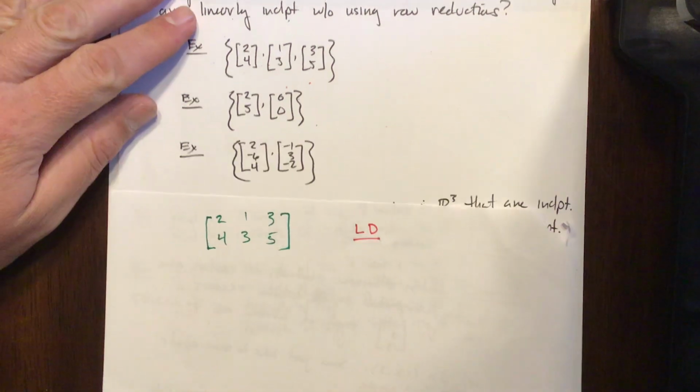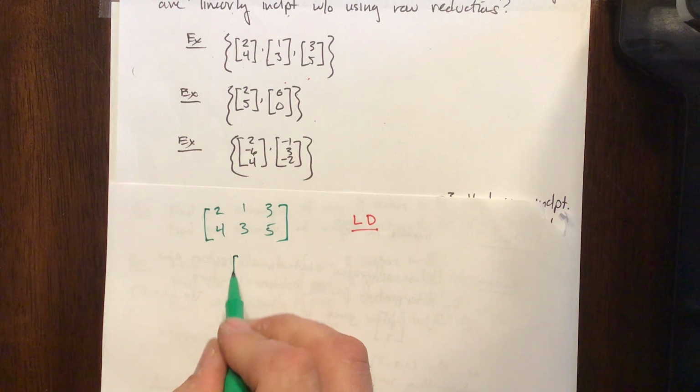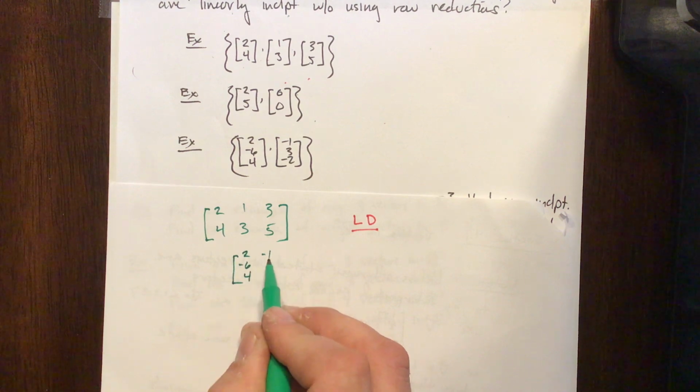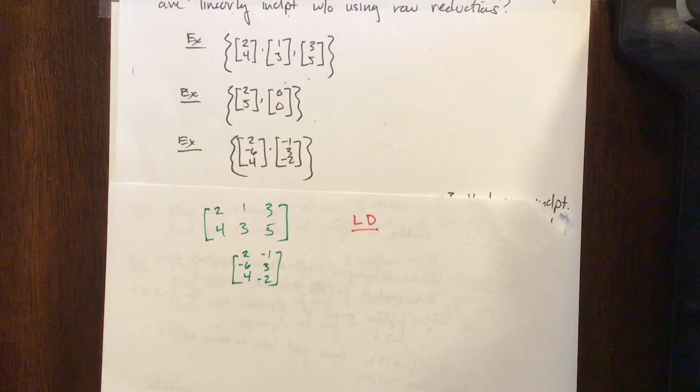What about 3? Well, this would generate a 3 by 2 matrix. It would look like 2, -6, and 4, -1, 3, and -2. So I have a 3 by 2 matrix, and I can have at most 2 pivots. Well, 2 pivots is good because I only have 2 columns, so I can have a pivot in every column.